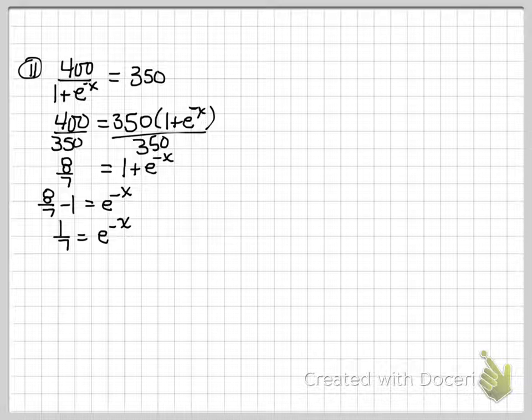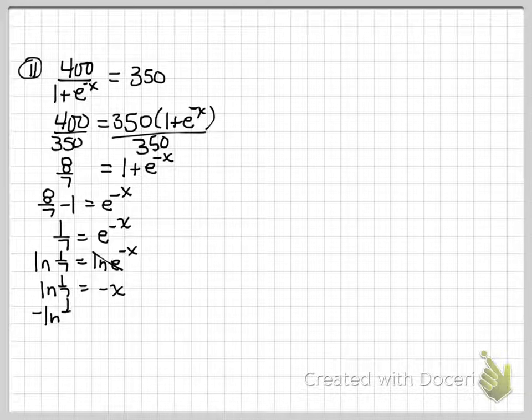So I'm going to do the natural log on both sides. Okay, the e to the ln of e is going to cross off, and I'm left with ln of 1/7 equals negative x. So negative ln of 1/7 equals x. Okay, there's our solution for number 11.